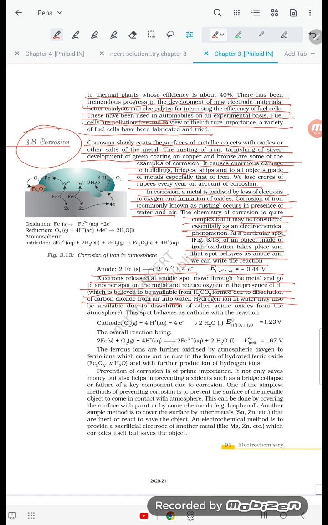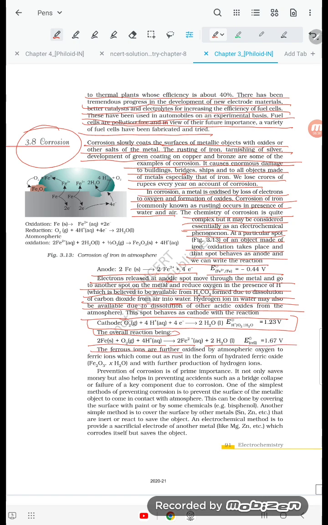Hydrogen ion in water may also be available due to dissolution of other acidic oxides from the atmosphere. This spot acts as cathode with the reaction O2 + 4H⁺ + 4e⁻ → 2H2O. Overall reaction: 2Fe + O2 + 4H⁺ → 2Fe²⁺ + 2H2O.